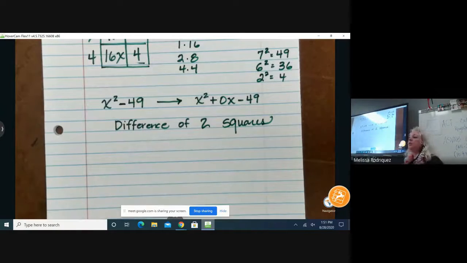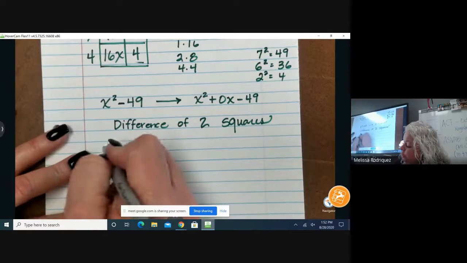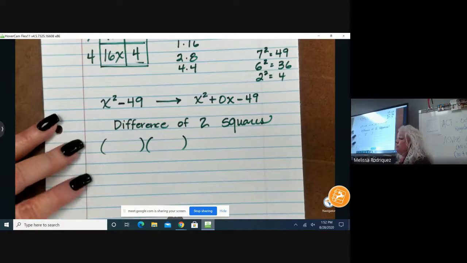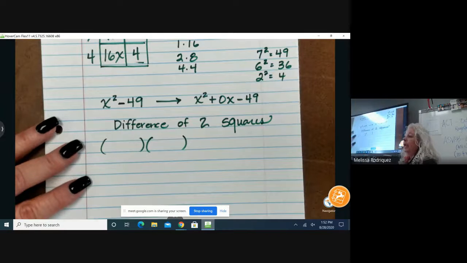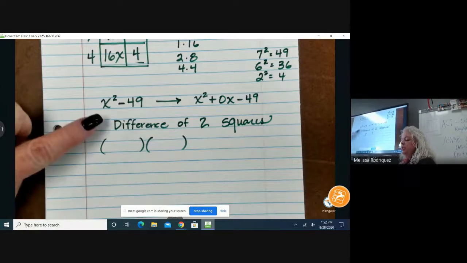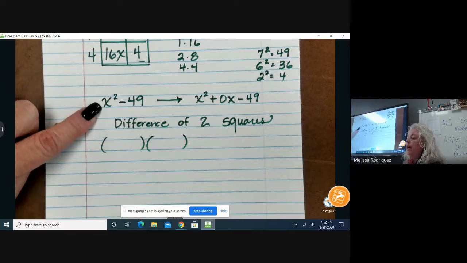And it's very special and it's very easy, but you have to be able to identify it. If you can't identify it, it doesn't help that it's so easy. So here's all I want you to do. Open 2 sets of parentheses, please. And I want to know this. What is the square root of x squared?